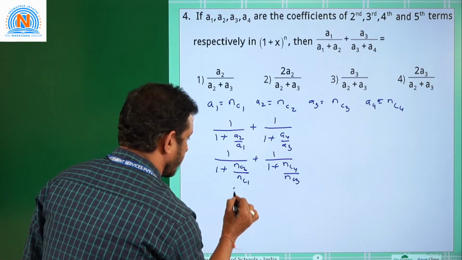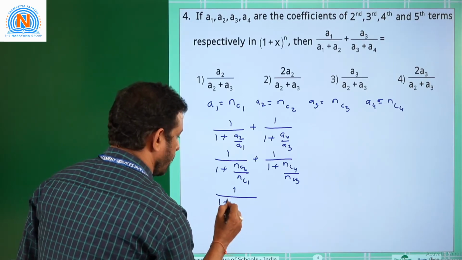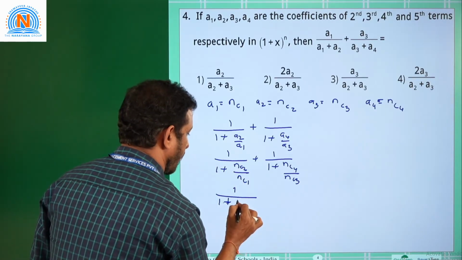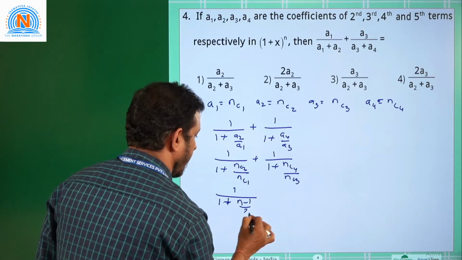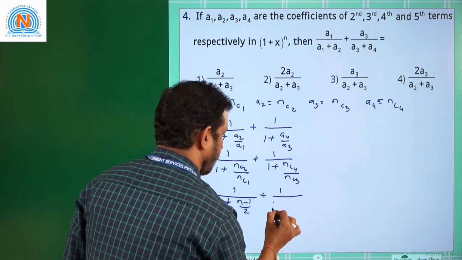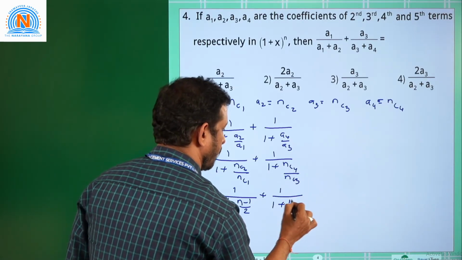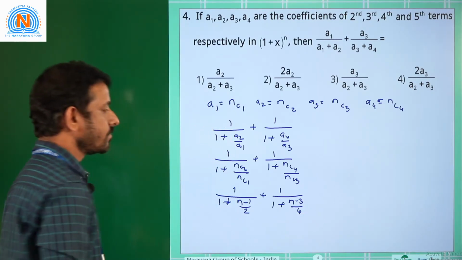So we get 1 by 1 plus (n minus 2 plus 1) by 2, which is (n minus 1) by 2. Similarly, this value will be 1 by 1 plus (n minus 4 plus 1) by 4, which is (n minus 3) by 4.